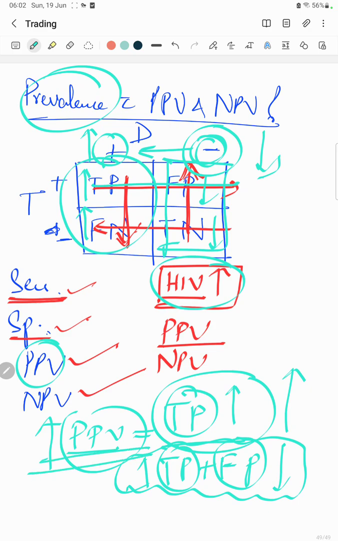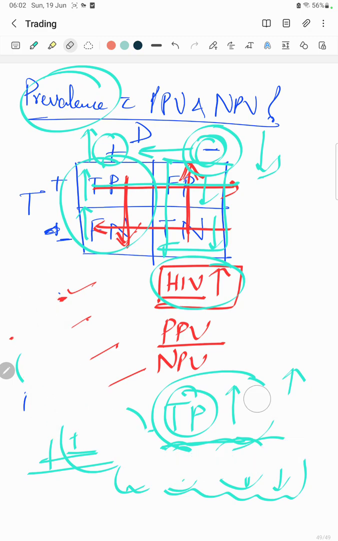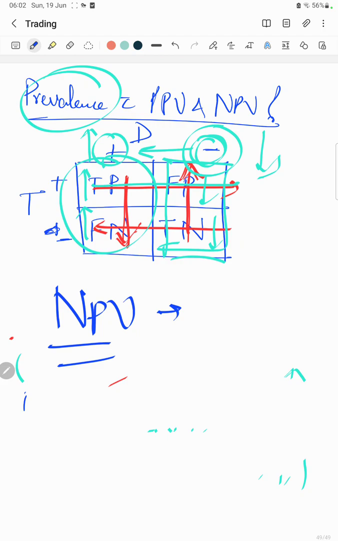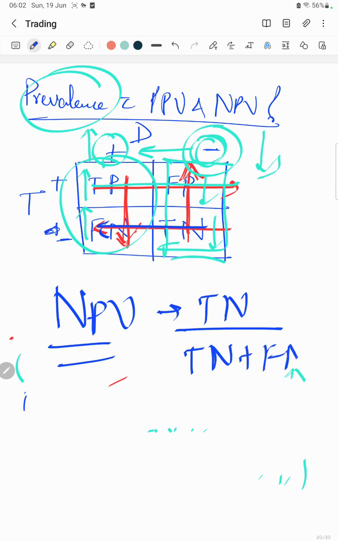Now let's see the effect on NPV, the negative predictive value. When you talk about the negative predictive value, NPV by our formula is going to be TN upon TN plus FN. The idea here is that TN goes down.